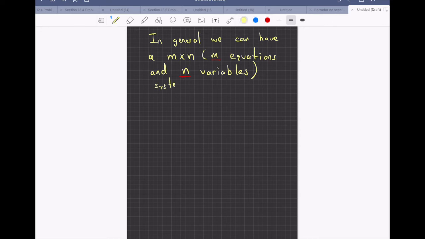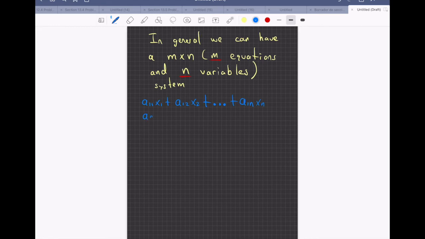A system in the form a11x1 plus a12x2 and so on until a1nxn.